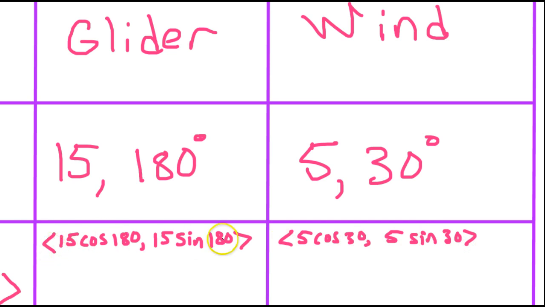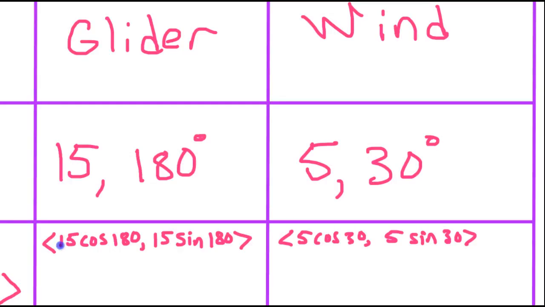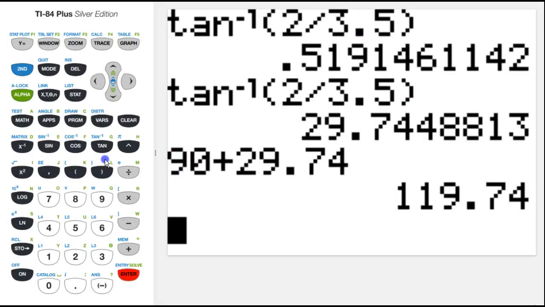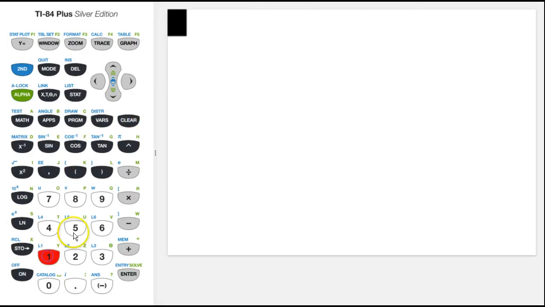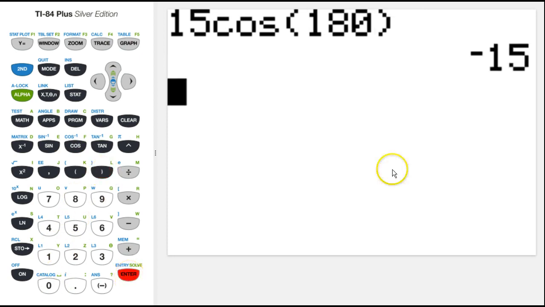So we'll just put these in our calculator and turn them into decimals. I'll do one of them on camera and the rest off camera. So we just write 15 cosine 180. Alright, well that's just negative 15.